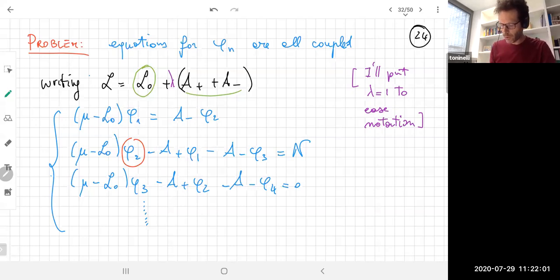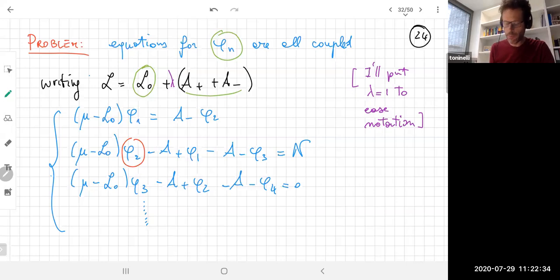Okay, so if you remember that the generator was decomposed that way, and also that L0 preserves the order of the chaos and A plus and minus increase or decrease it, you get an infinite system for these components phi n of the function phi. For instance, if you project on the first chaos, you get nu minus L0 phi 1. I will maybe work out a little bit more of this in the next slide, but let me just say what comes out.